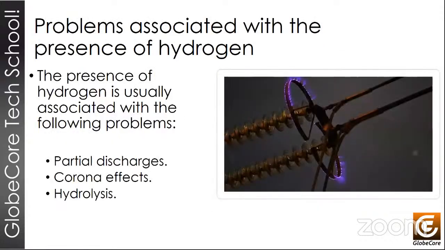So now to hydrogen. So the presence of hydrogen is usually associated with partial discharges, corona effects, and hydrolysis. Hydrolysis is a process in which water also forms, as we've seen. The processes of water formation that we've mentioned, which are very similar. The corona effect is an electrical discharge that occurs due to ionization of the gas that surrounds conductors, where the potential gradient has a certain value.